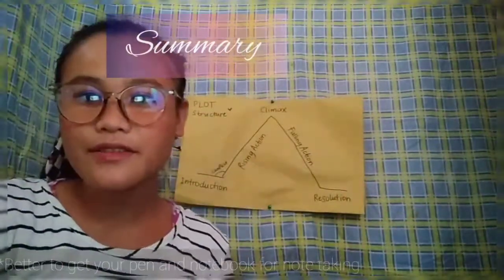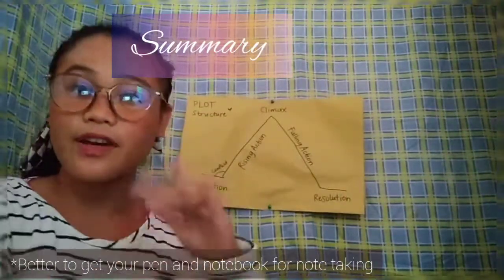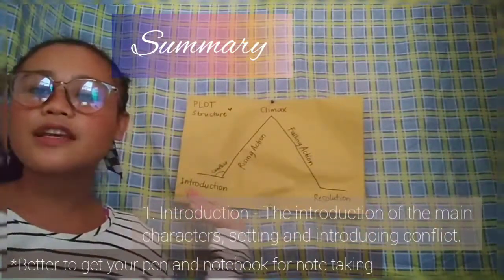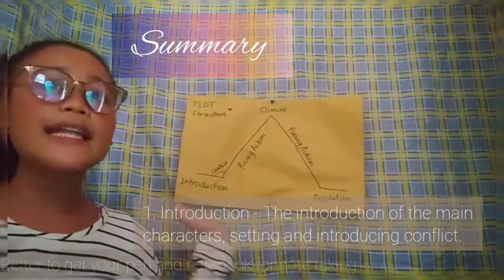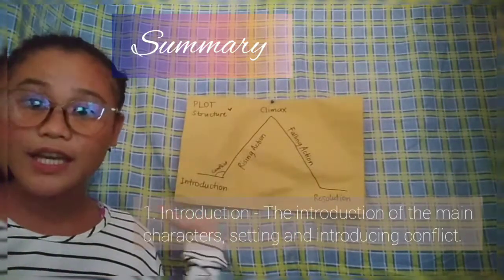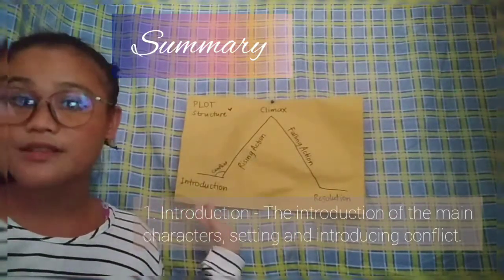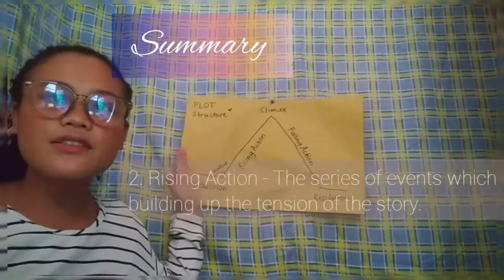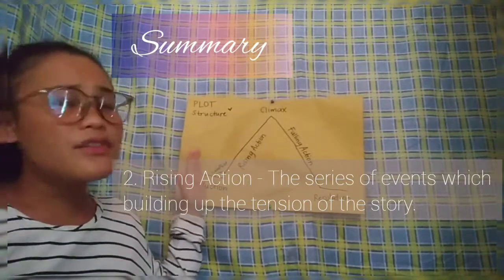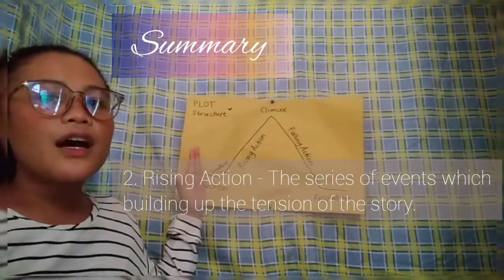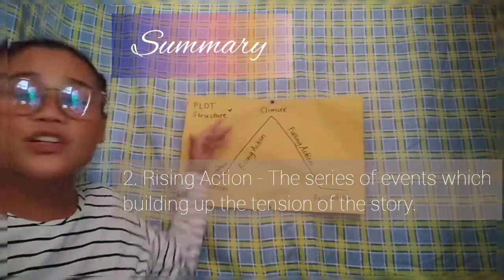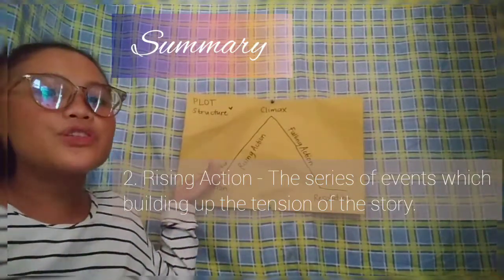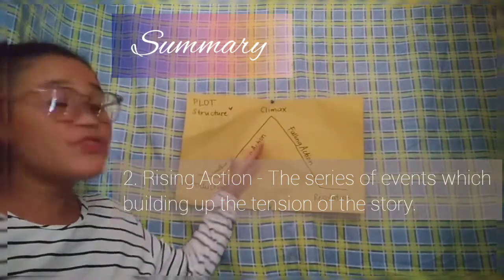For the concluding part of our lesson, a summary. In the introduction, we see the main character, the setting, or maybe the conflict in some stories. In the rising action, this is the start of a series of events where the story is building up, the bumps in the road of the story.